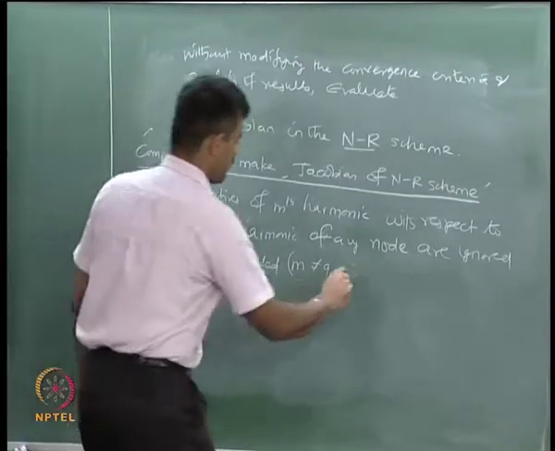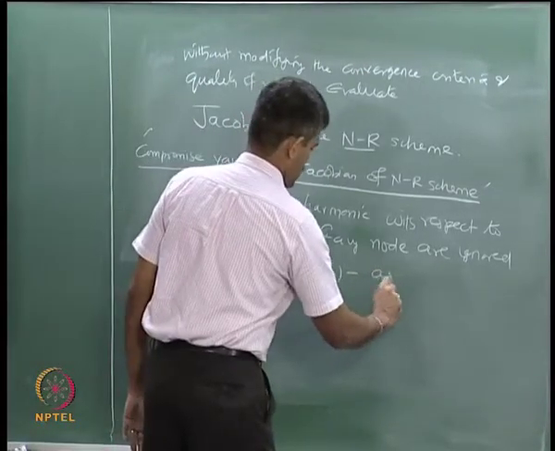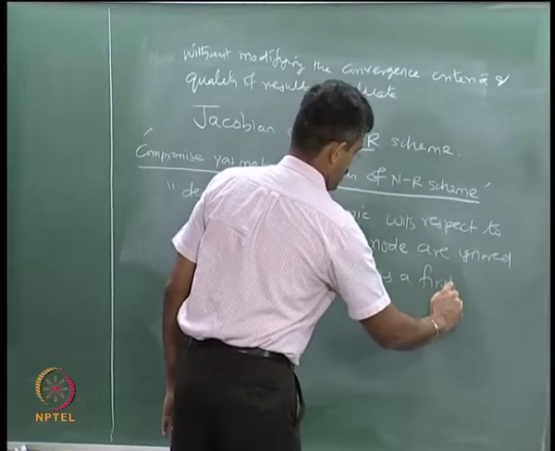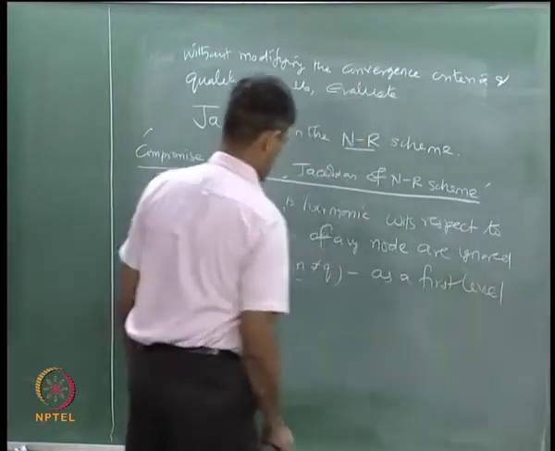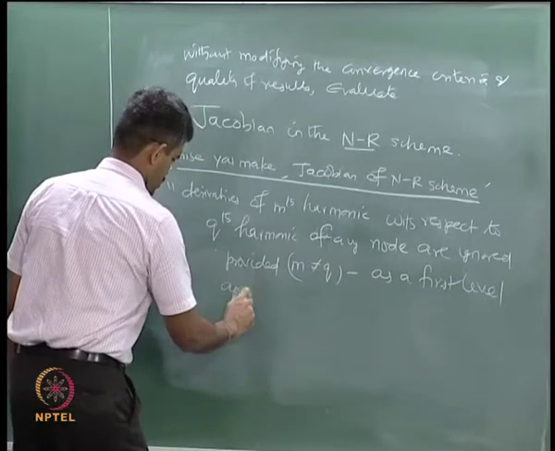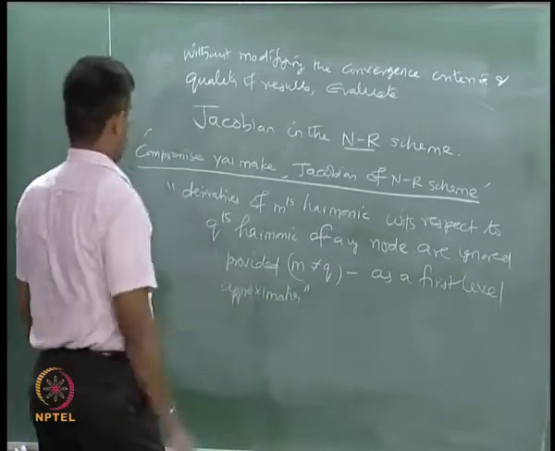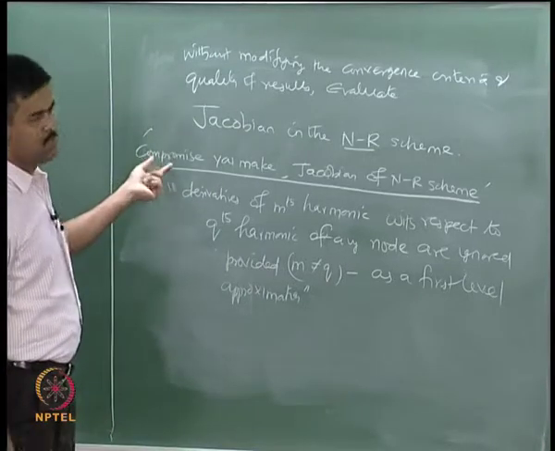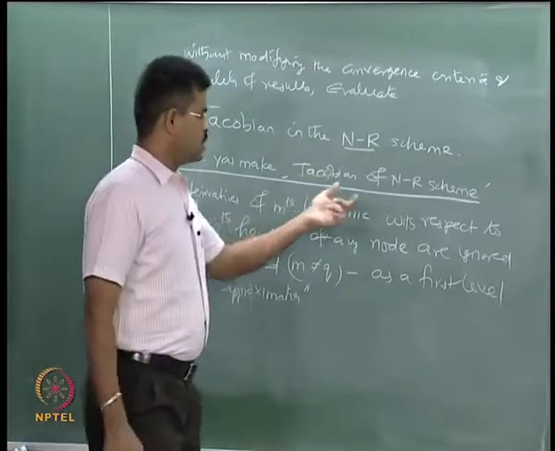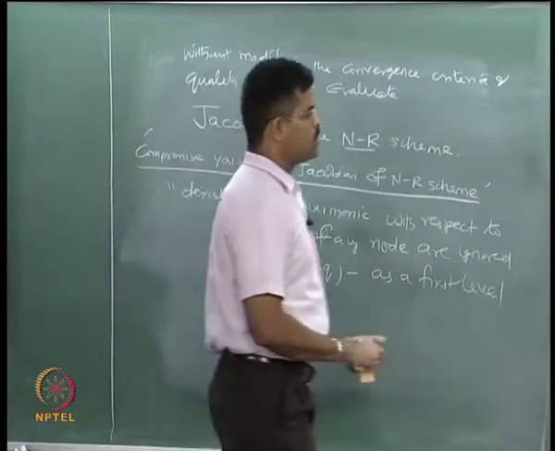This is a first level approximation. This is the compromise I make in evaluating the Jacobian for the Newton-Raphson scheme.